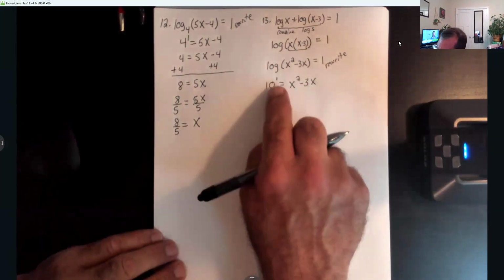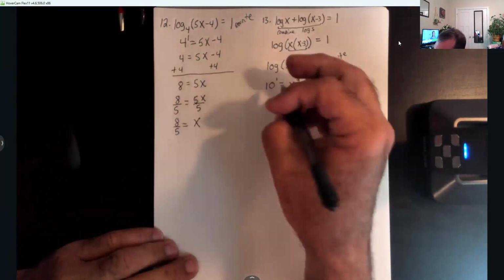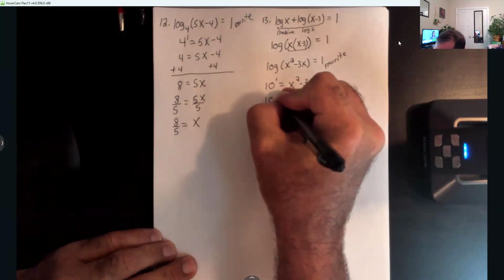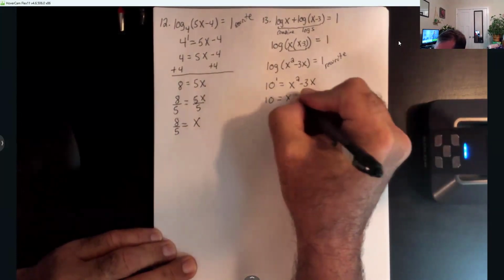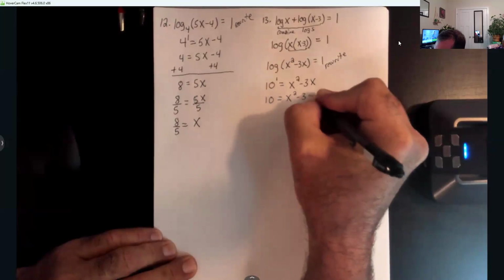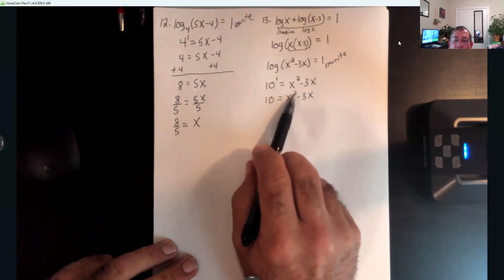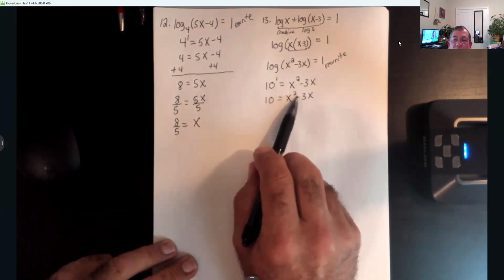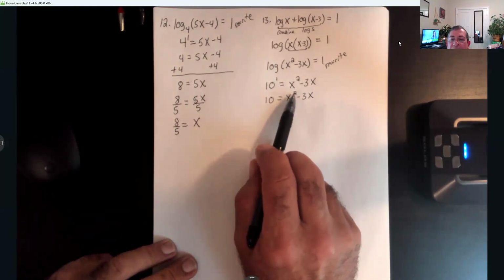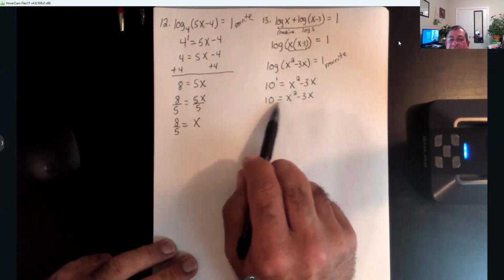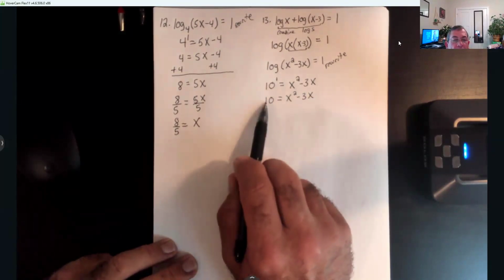All right, y'all. So my next step, 10 to the first is basically 10. That's going to equal x squared minus 3x. So y'all look here, this one's quadratic because we got an x squared term. So since it's quadratic, we need to set everything over here equal to 0.